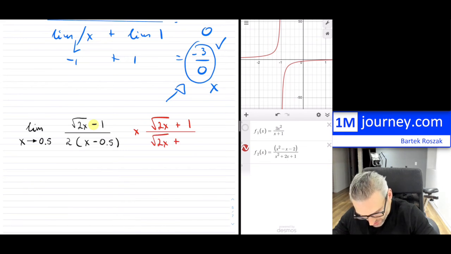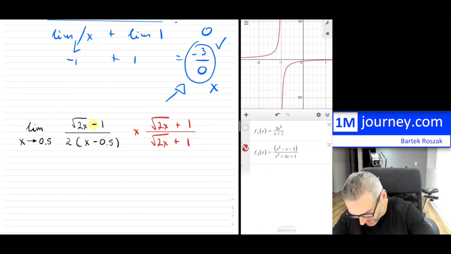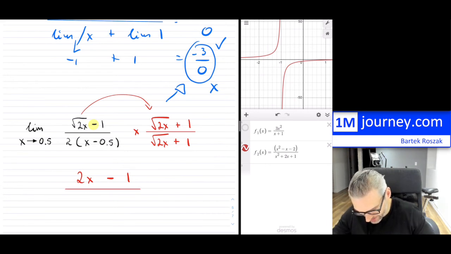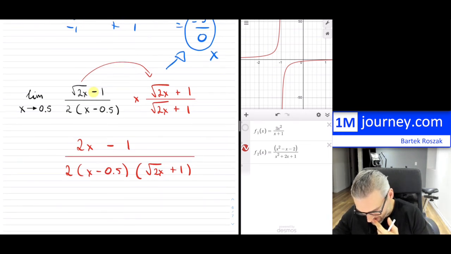If I do this, I have to do it to both numerator and denominator because I can't change the overall result. So this is going to give me 2x, because it's this right here, minus 1. That's what I will have on top. And then in the denominator, I have 2 times x minus 0.5, times this other factor.